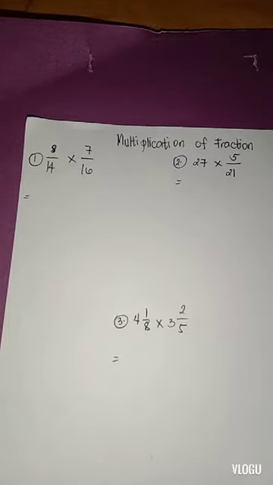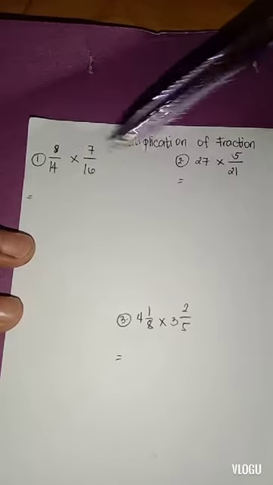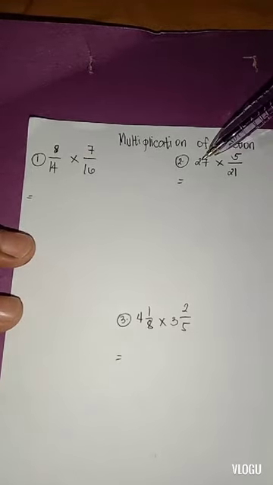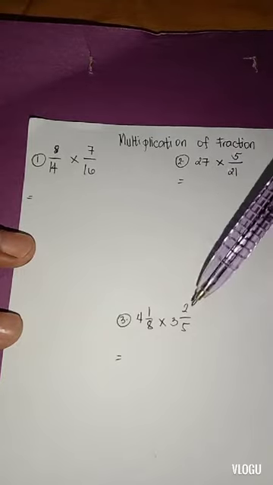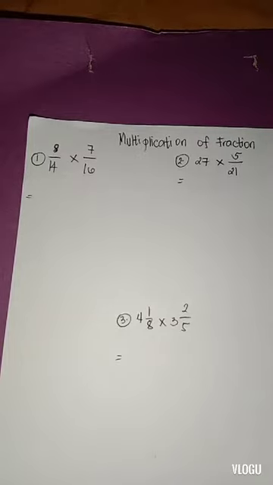Kung mapapansin nyo, ba't iba yung setup nitong ating multiplication of fraction? So, the first one is multiplying fractions lang. But the second one is multiplying fraction by a whole number. And then the last one is multiplying mixed numbers. Okay, so isa-isahin natin at hima-himayin natin.